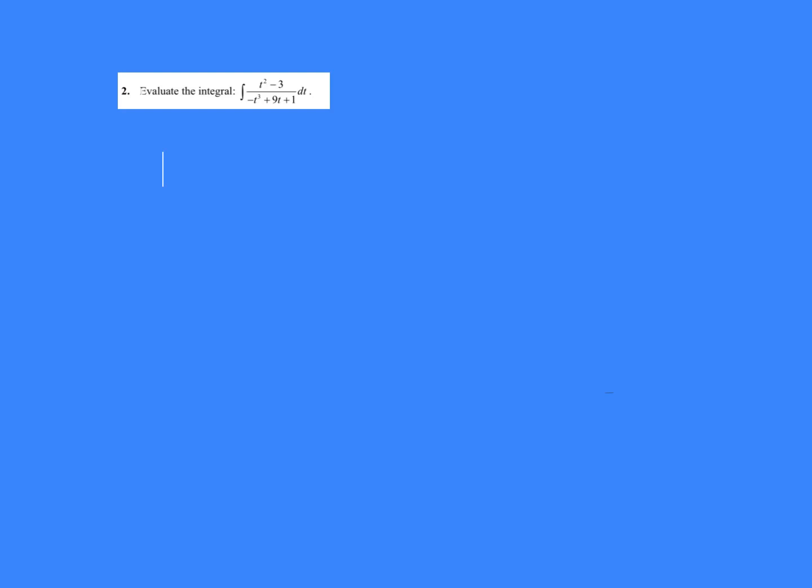So let's name u equal minus t cubed plus 9t plus 1. If I name this, the derivative of u with respect to t will be minus 3t squared plus 9. So du will be minus 3t squared plus 9 dt.